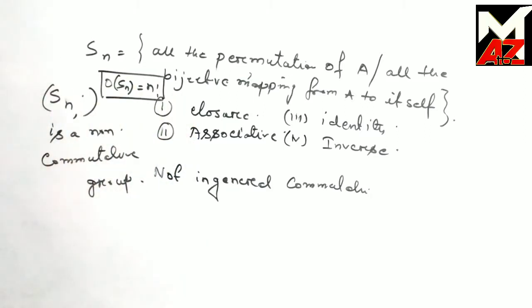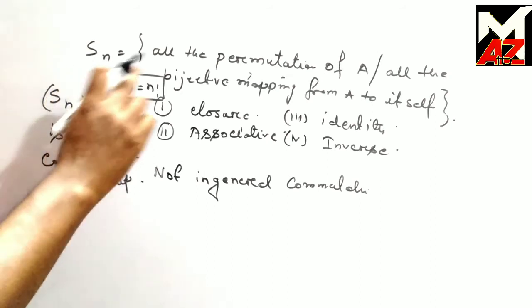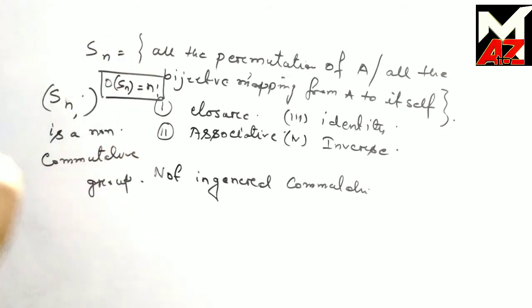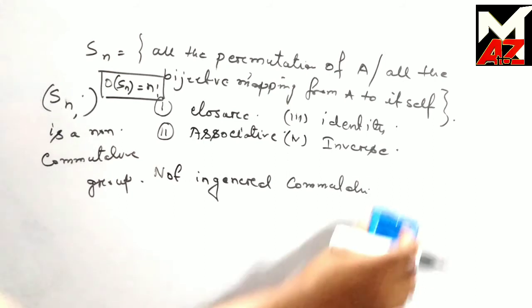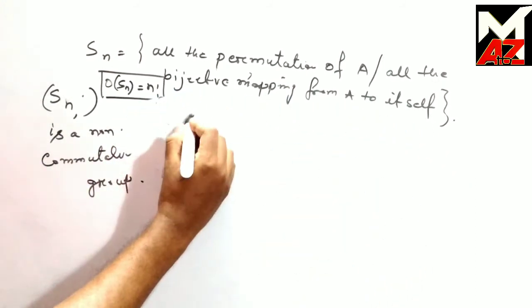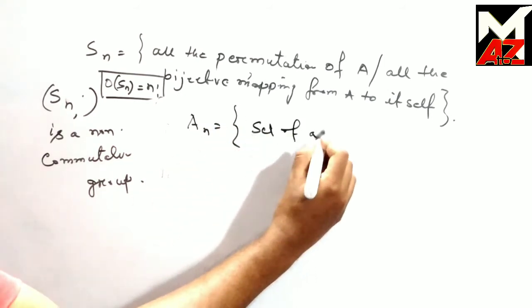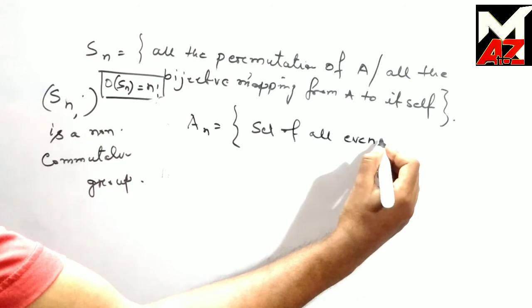We know it. Now, if we consider all the even permutations of A, this set is denoted by An.